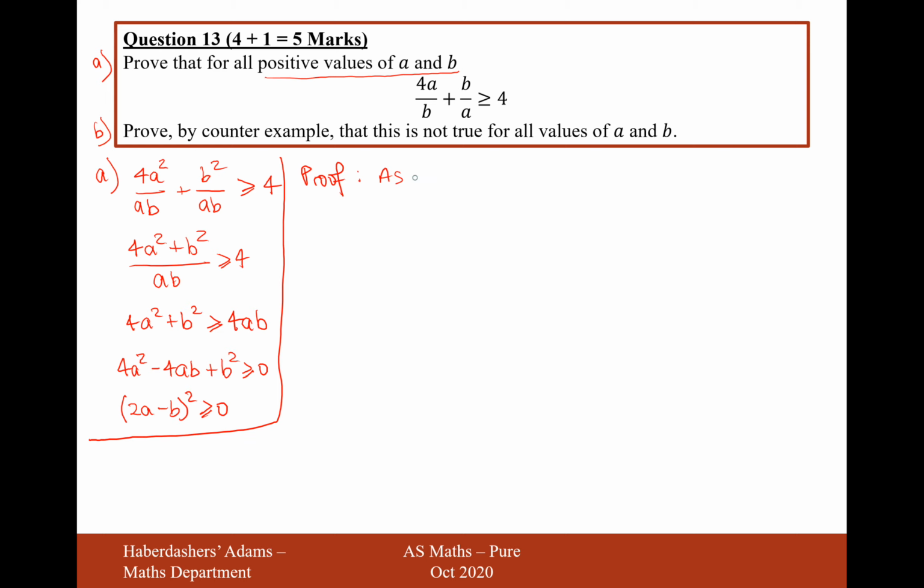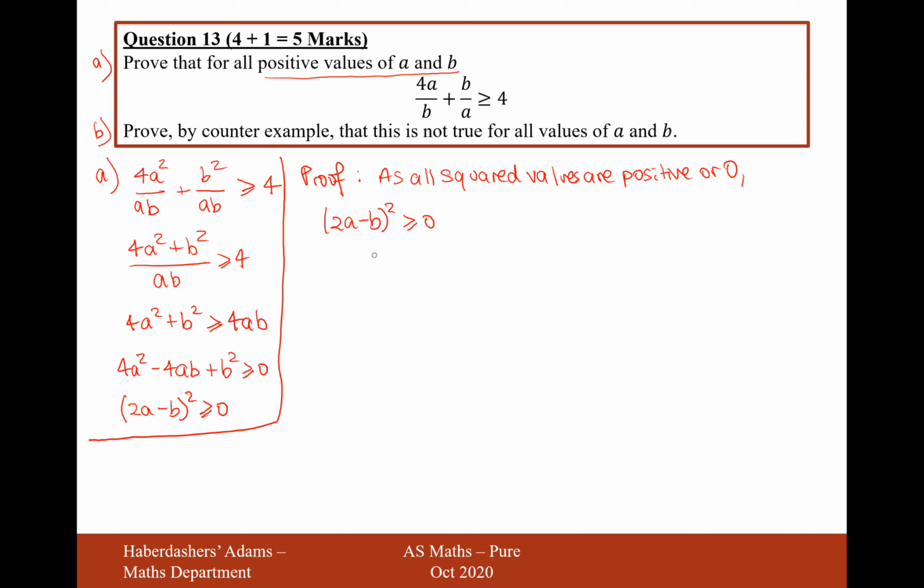As all squared values are positive or 0, we can say that 2a minus b squared is greater than or equal to 0.